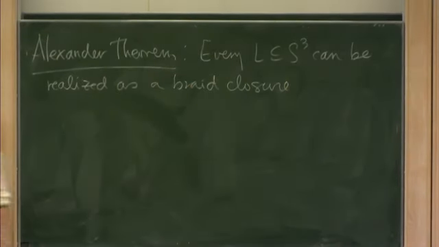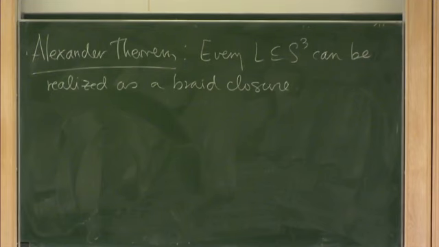So every link can be braided about an axis via an isotopy of links.